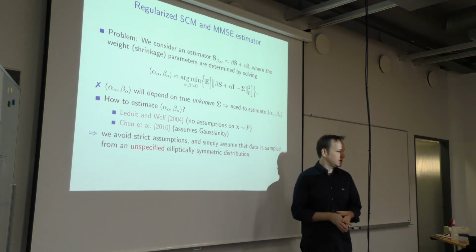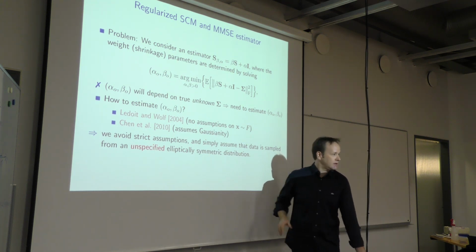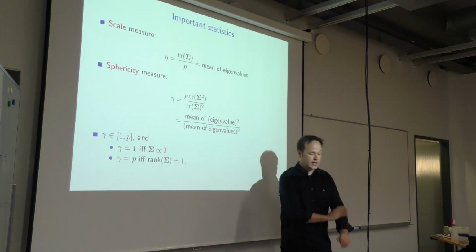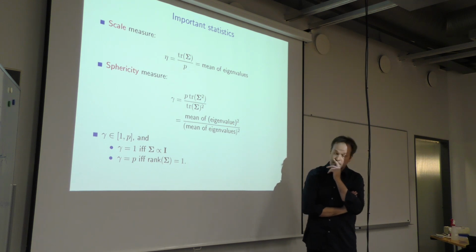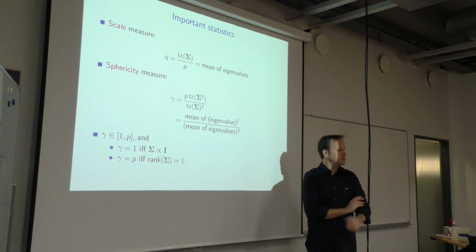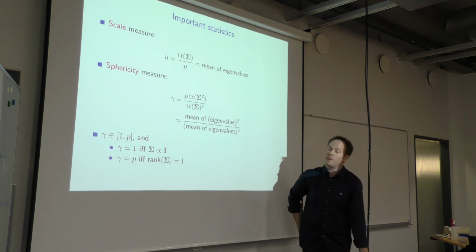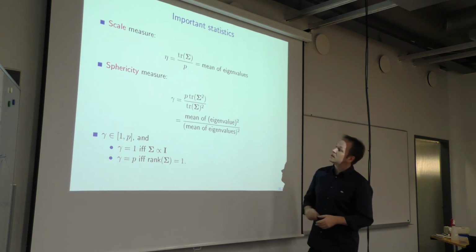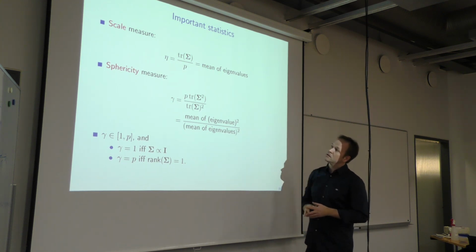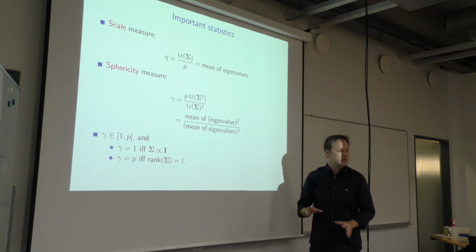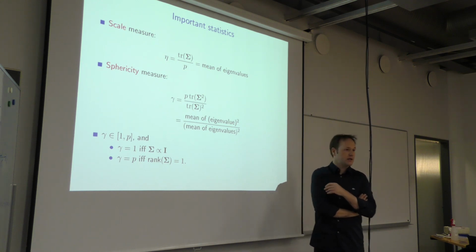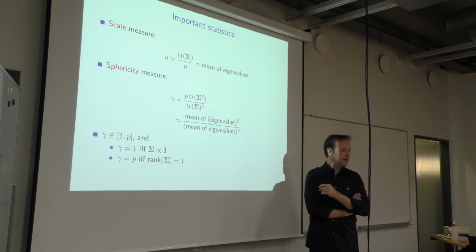But now we say that the data comes from an elliptical distribution, so it includes the t distribution and other distributions like that. So we need some statistics. One of them is the mean of the eigenvalues, which I denote by eta. And the other statistic on the covariance matrix is the sphericity measure, which measures how spherical the covariance matrix is. A spherical covariance matrix is proportional to the identity matrix.